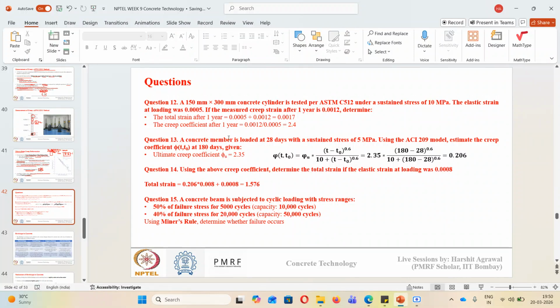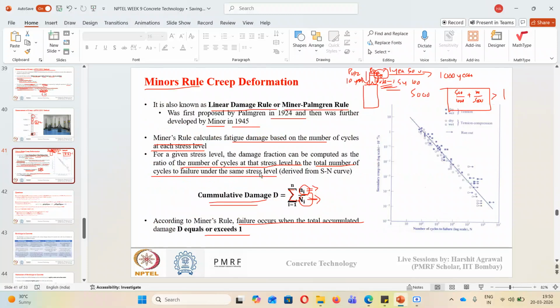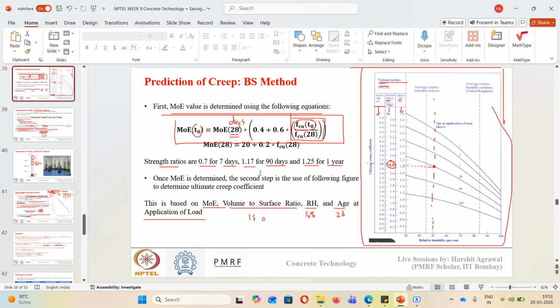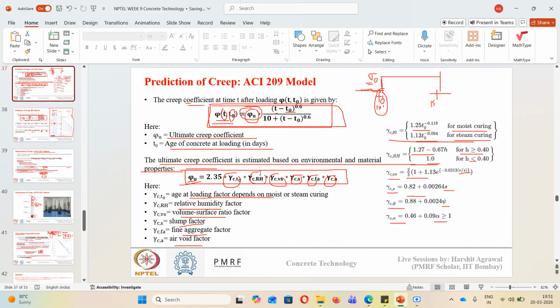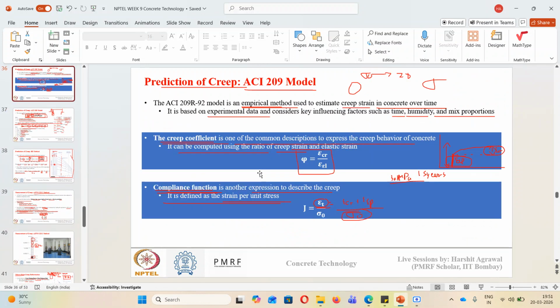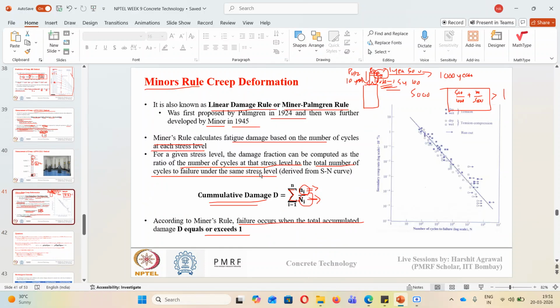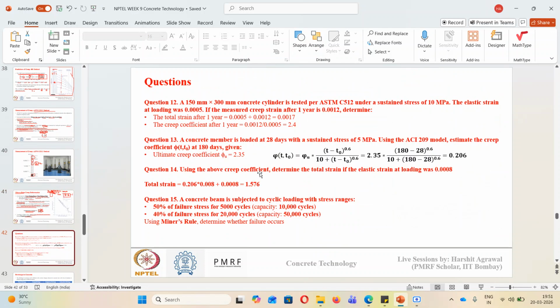So you just need to remember these relationships that we have talked about: the relationship for estimating creep coefficient after different times, the relationship between creep strain and creep coefficient, and the compliance factor if asked. In the exam, any one of these numericals can come, and it will be very simple if you know the relationship.